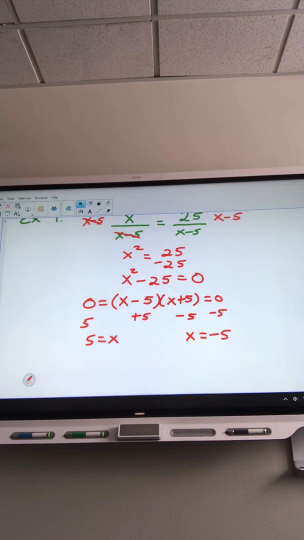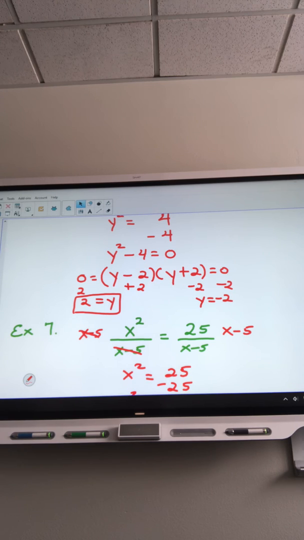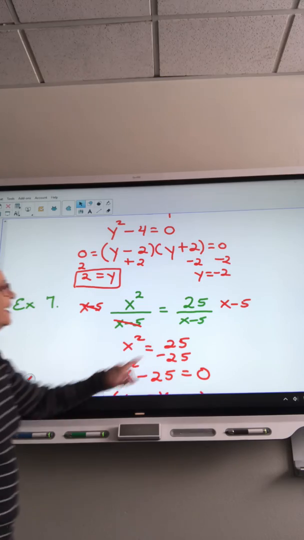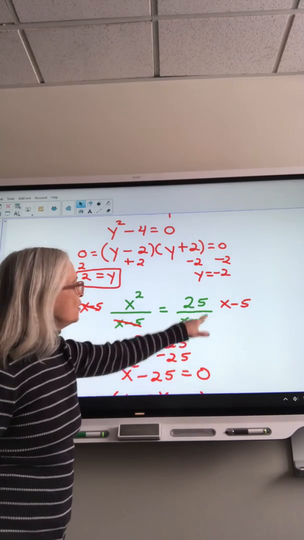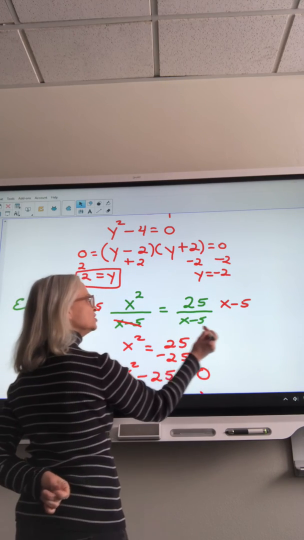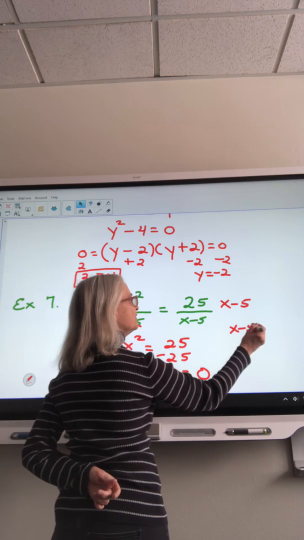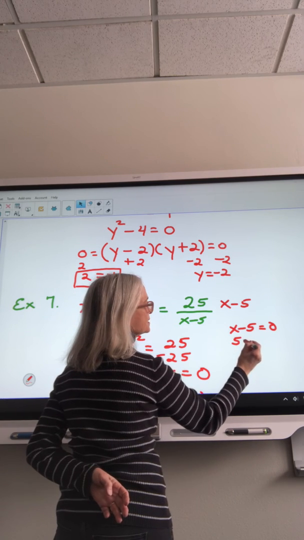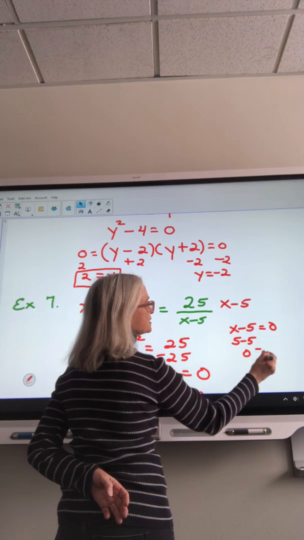But are they solutions? If I go back to this, which I'm realizing I didn't check first, if we were to solve this original equation with just the x minus 5, if it was a positive 5 minus 5, that would give us 0.